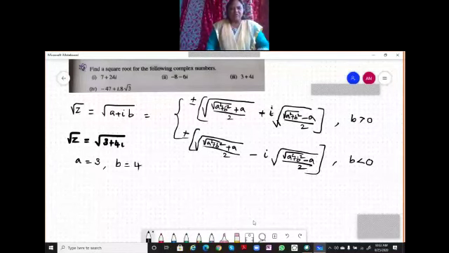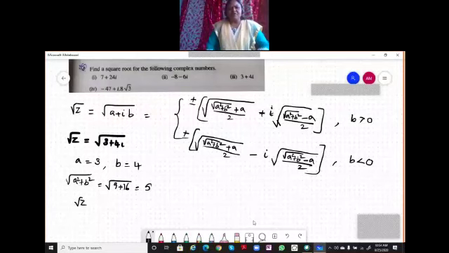Next, what we have to find? We have to find the square root of a squared plus b squared. That is equal to the square root of 9 plus 16. What is the square root of 9 plus 16? 5. So what will be root z? Just simply substitute here. Whether we have to take the first one or the second one: since b is greater than 0, we have to take the first one.